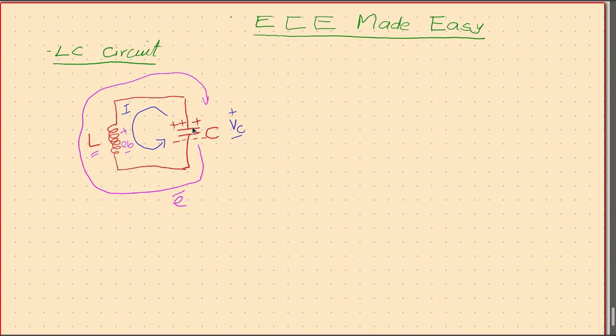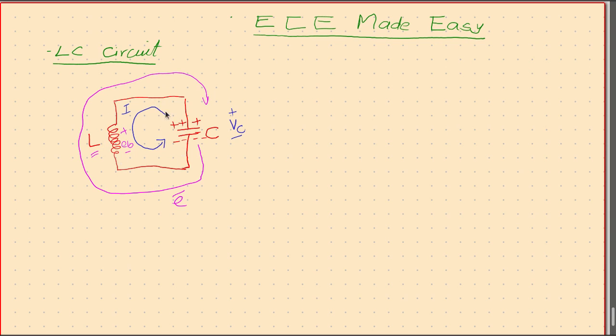But no, that's not the case, because now there is a magnetic field around the inductor, and this magnetic field around the inductor will not allow the current to suddenly stop. That's a property of an inductor: it will not allow current to change.